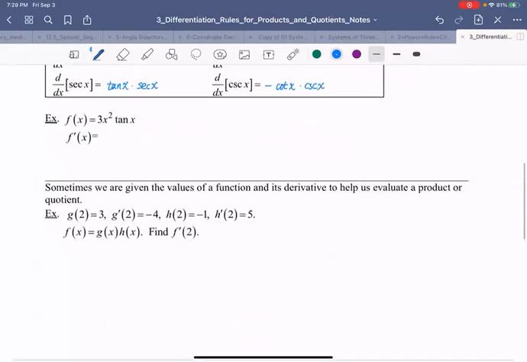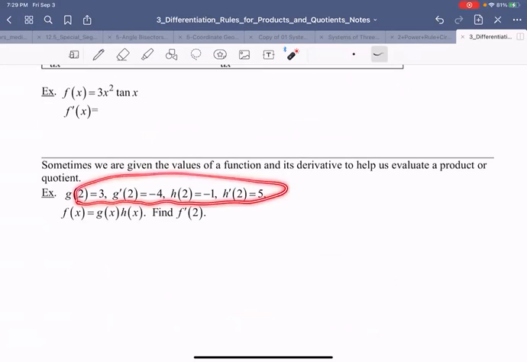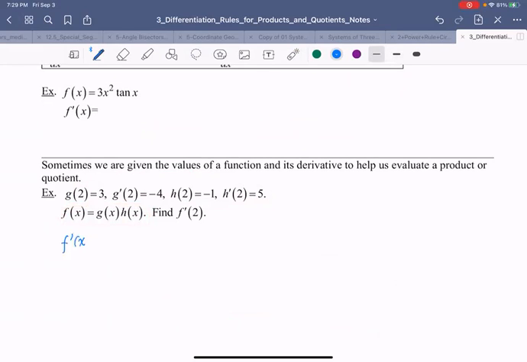We have some question like this. It looks very confusing. We will kick in the product rule. Angela, let's do this one. So it'll be g prime x times h of x plus h prime x times g of x.